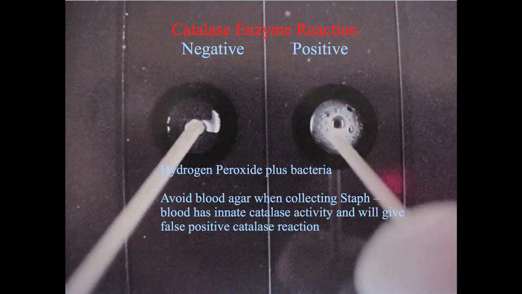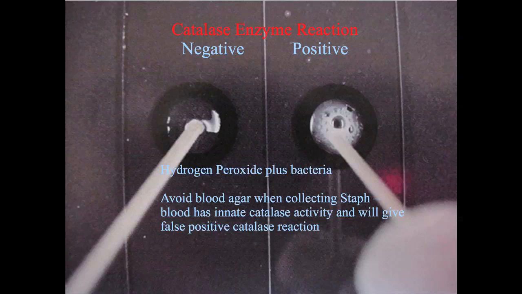That's how easy this test is. So the negative has no bubbles, the positive has bubbles. This determines whether an organism has the catalase enzyme reaction. You can see on the right-hand side is how the Staphylococcus would react. They are all catalase enzyme positive.